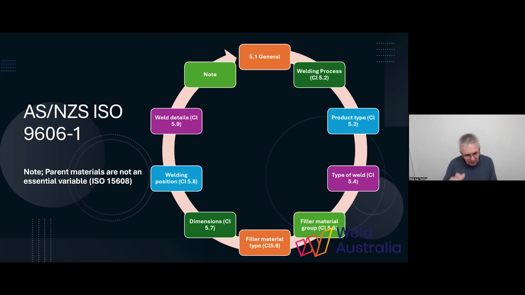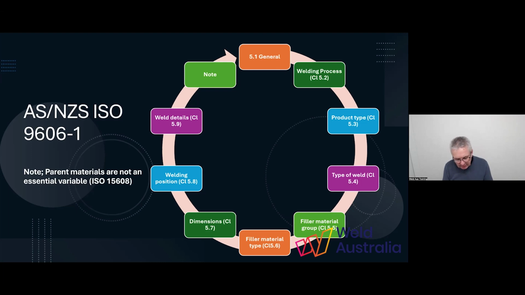So you know then that the welding process should be the first thing that we see on there. So we'll have ISO 9606-1, and then it should have the welding process, the type of, like the plate or tube or whatever it may be. Then is it a butt weld or fillet weld? So that's why I said look at the designation. But when it comes to the weld qualifications, it says there the following non-essential variables shall be recorded on the certificate.